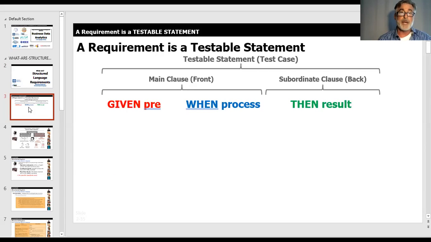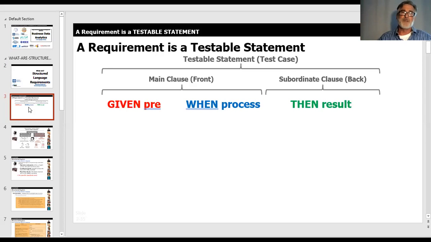At some point in the process, even though you might be done with writing it all up, you turn it over to a technical group, and then they have to take it and, the project management term is decompose it. The business analysis or requirements engineering term is abstraction. They have to abstract out of it a testable statement.